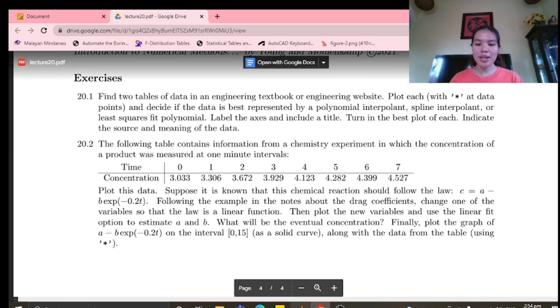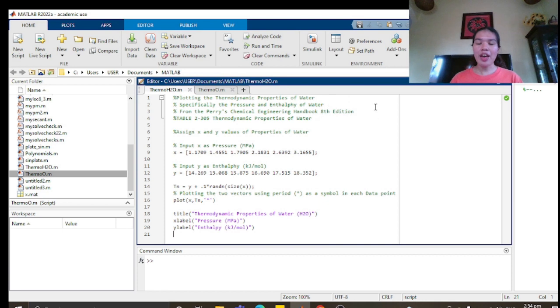And so in MATLAB, I already have this script. We're going to plot the thermodynamic properties of water, specifically the pressure and enthalpy of water. This data is from Perry's Chemical Engineers' Handbook, 8th edition, Table 2-305, which is the thermodynamic properties of water.